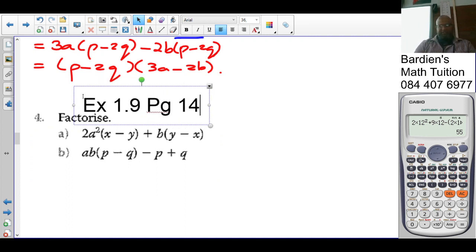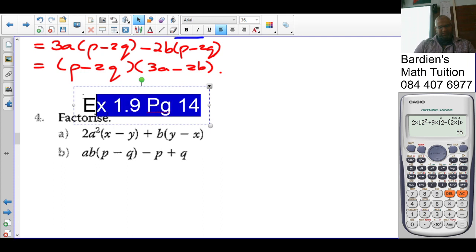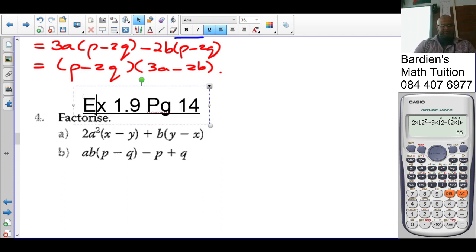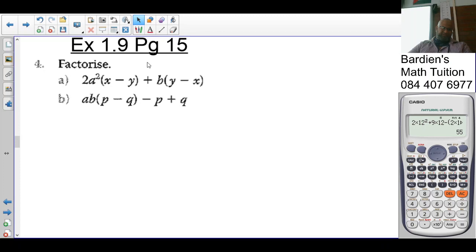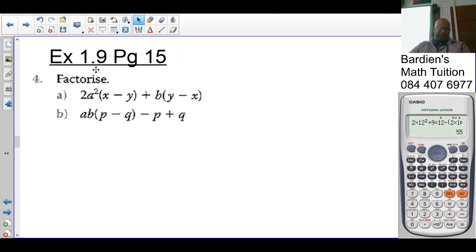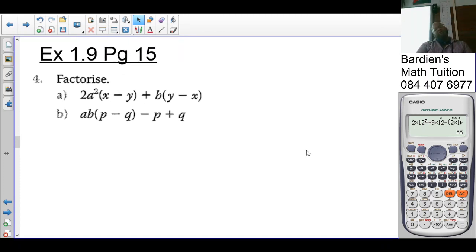Page 14, 15, 16. Just put the reference there so whoever watches the video can know where it is coming from. So the question says factorize.